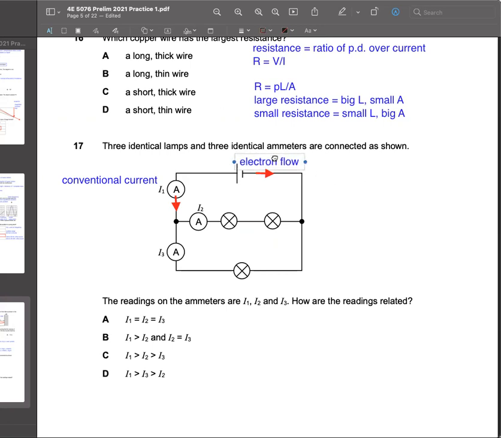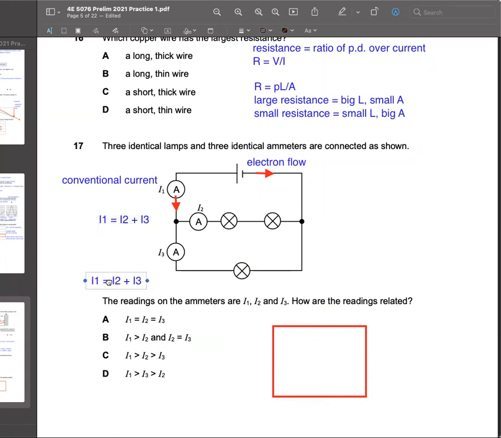In this question, I1, the current, comes out and splits into I2 and I3. So I1 equals I2 plus I3. Which one is bigger, I2 or I3?